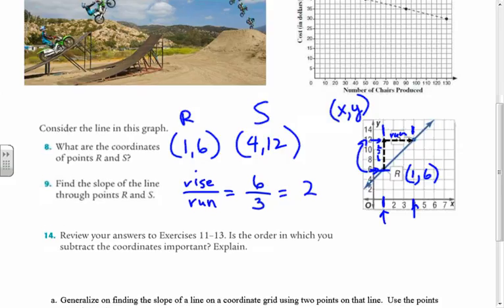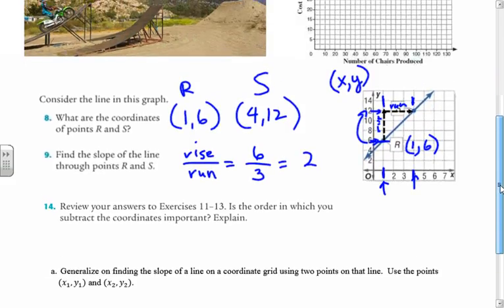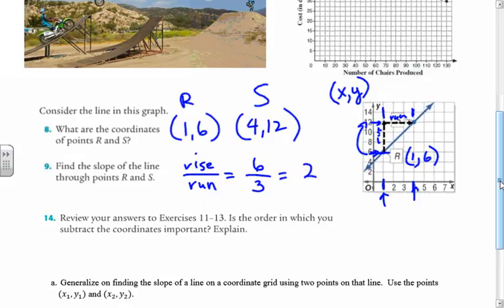Now I'm going to show you another way to do that. So think about this for a moment. This rise here, this 6, we got that by using the y-axis points, the 6 and the 12. If you were to just subtract those two, 12 minus 6 gives you your rise, which is 6.